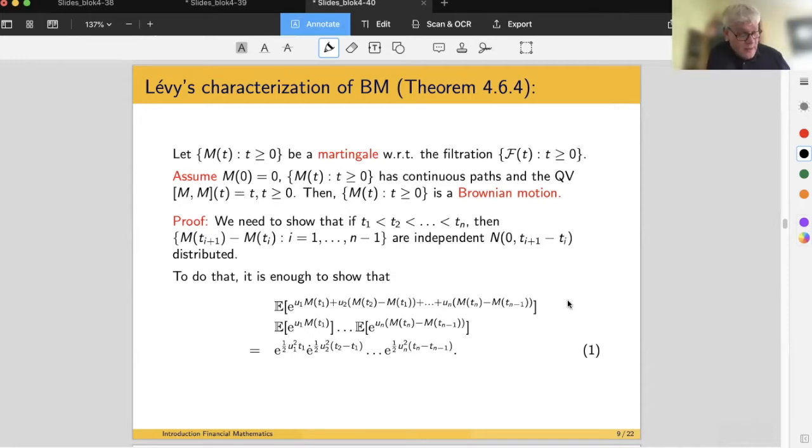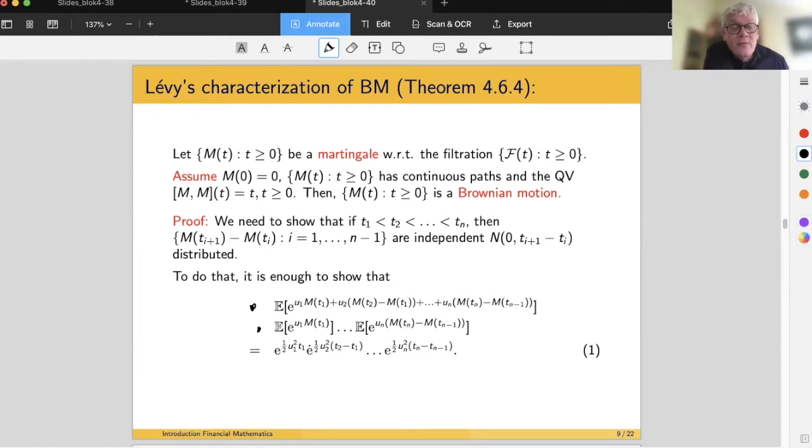So it's enough to show, in fact, that the expectation of e to the u_1 M_{t_1} plus u_2 (M_{t_2} minus M_{t_1}) plus etc. to u_n (M_{t_n} minus M_{t_{n-1}}) is equal to the product of the individual expectations: the expectation of e to the power u_1 M_{t_1}, and that is of course M_{t_1} minus M_{t_0}, but because M_{t_0} is equal to 0, that one is not written down, times up until the expectation of e to the power u_n (M_{t_n} minus M_{t_{n-1}}).